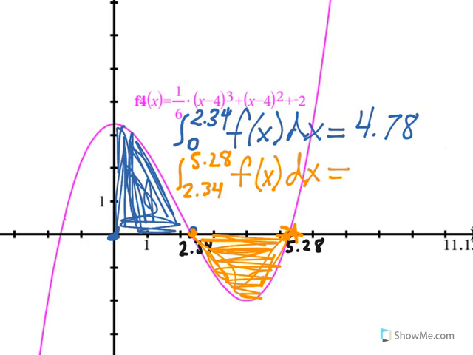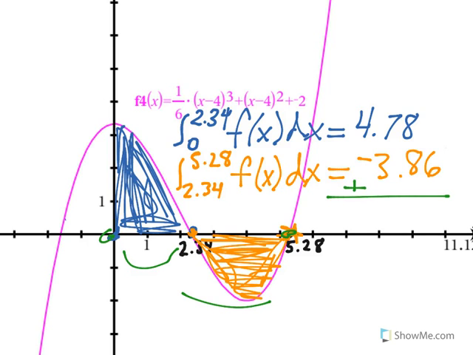And that comes out to be -3.86. So if we wanted just the net area of these two sections, from 0 to 5.28, we would just add these and get 0.92.